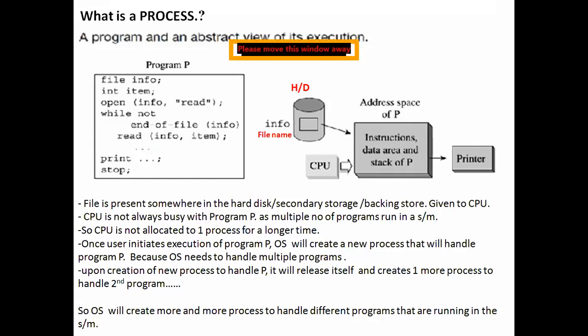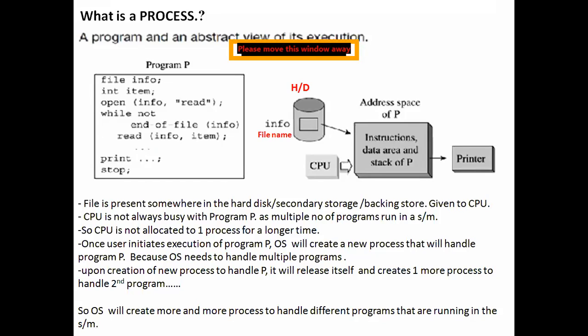Until the end of the file is reached, I'll be reading some items, and those items are declared as type integer. Hence I'll be reading some letters, say A, B, C, D, and those letters are printed. Why? Because at the end here I have used the print option. Whatever we read from the file, those contents will be printed.